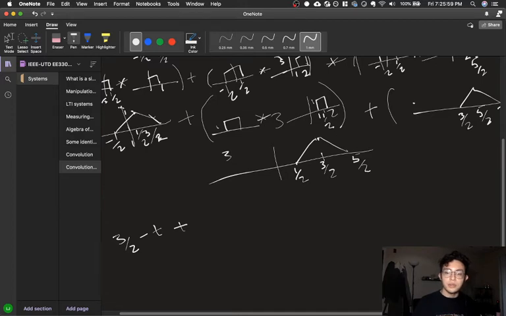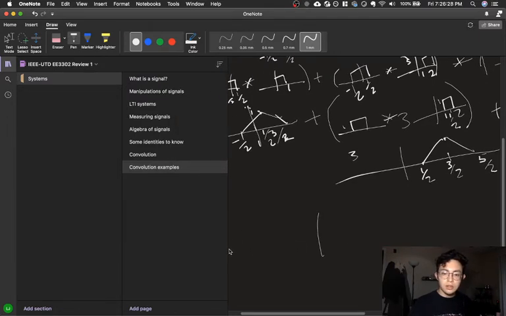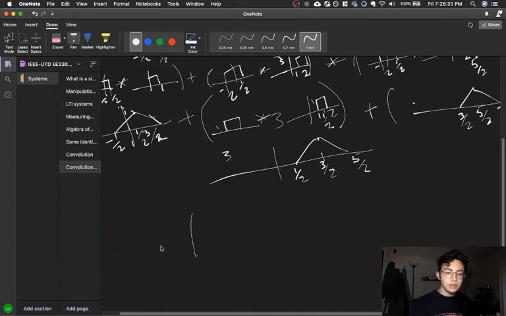This is a slope of 1, so it'll be 5 halves minus t plus 7 halves minus t. So like this will be all one behavior. Wait, no, hold on. Usually I have to draw these on top of each other in order to make sense of it. So like, let's see.